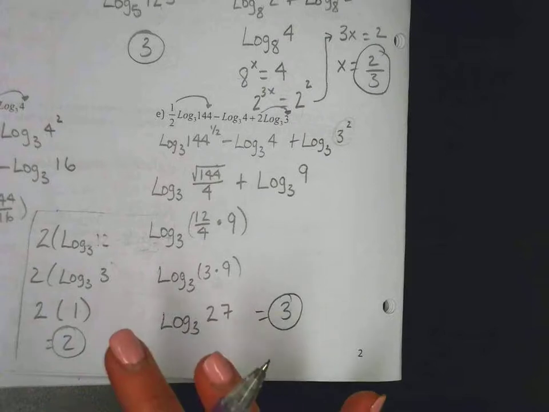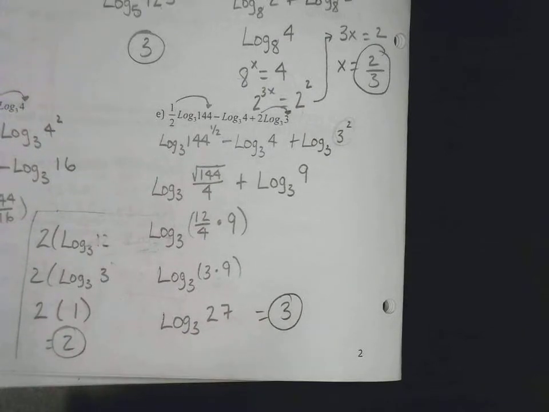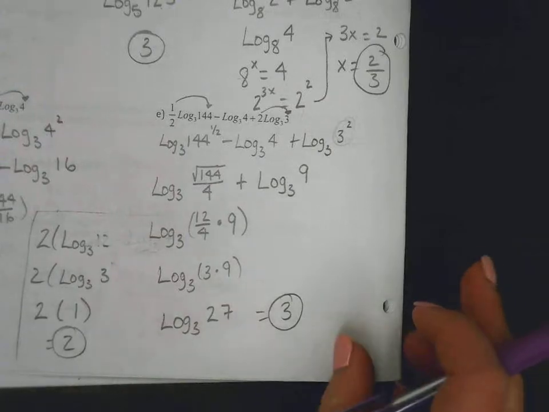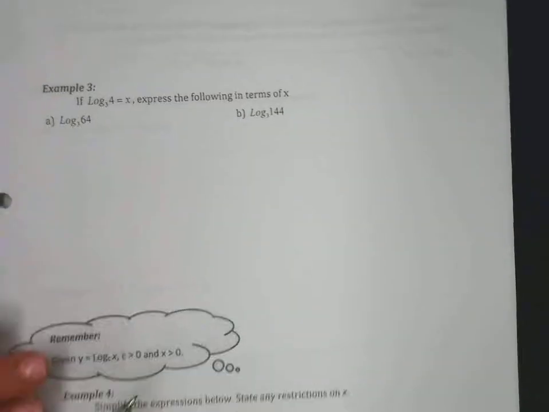Okay, and recognize that working with numbers is fairly straightforward, but eventually most questions that I've seen on the diploma with logs and exponents usually throw in variables for you. So you're not actually working with numbers, you're working with variables.